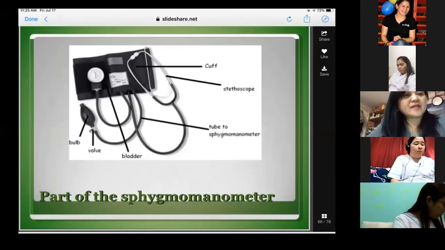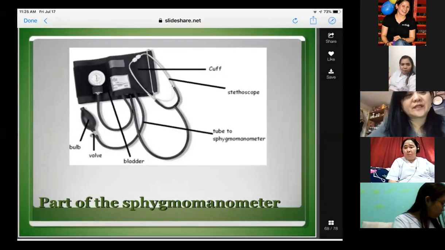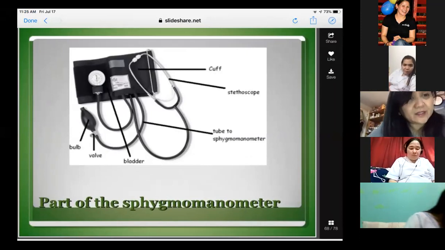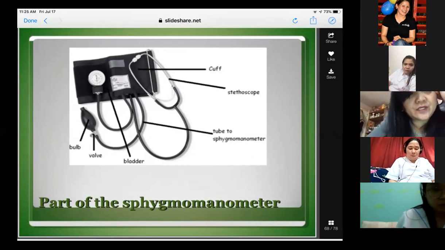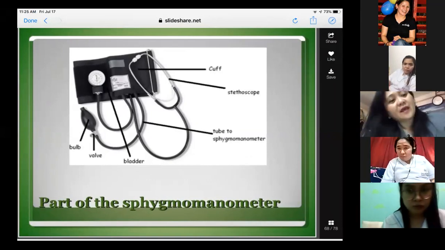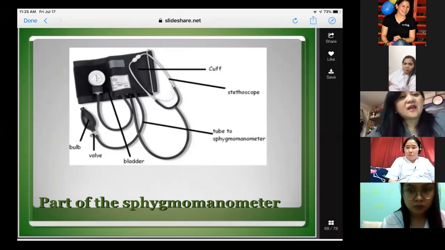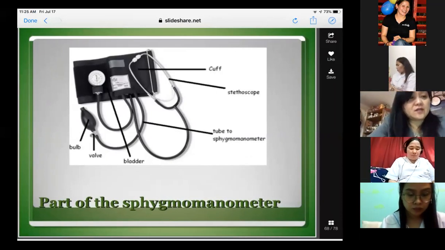Now, there are parts of the sphygmomanometer. The black part is the cuff, and then the other one that we are putting in our ear is the stethoscope, and the tube, which is the tube to the sphygmomanometer. Also, we have the bladder, the bulb, and the valve.